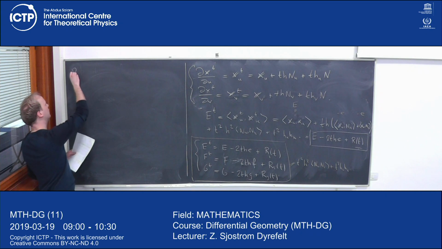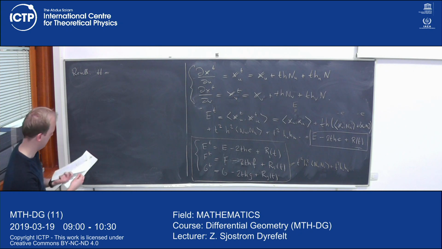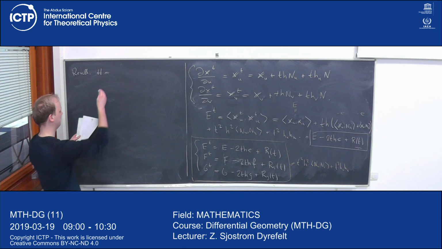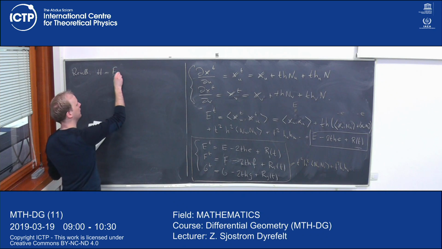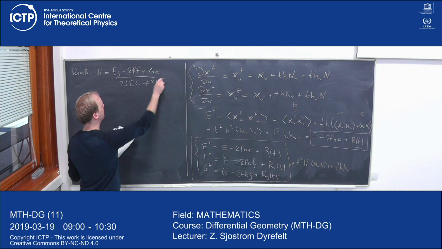Okay, so now recall, first of all, that the mean curvature is equal to this thing: EG minus 2FF plus GE over 2 times EG minus F squared.